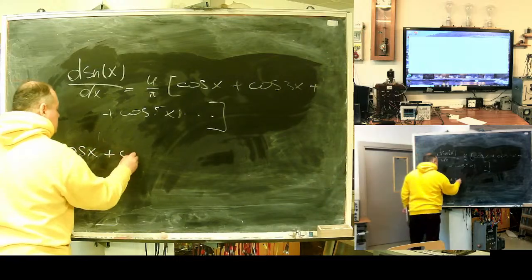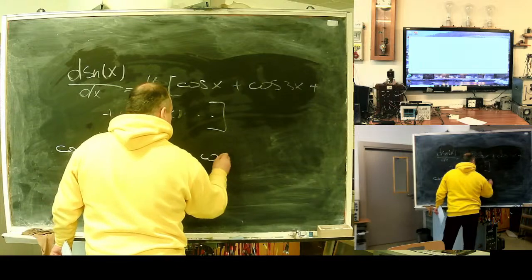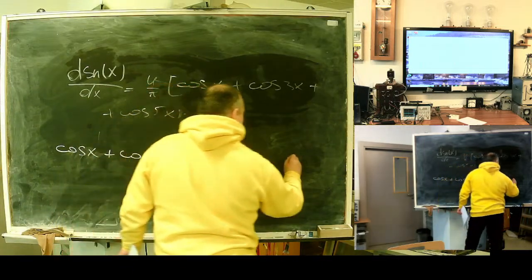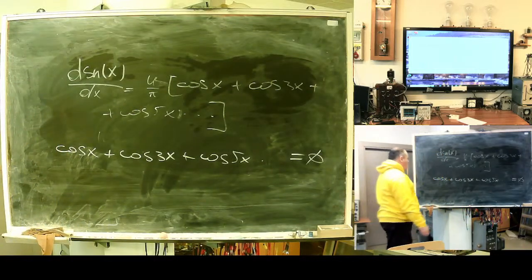Cosine x plus cosine 3x plus cosine 5x, and so on, equals 0. How to solve it? Any ideas?